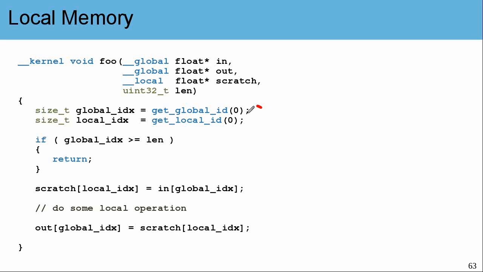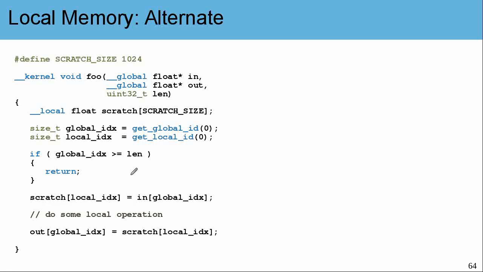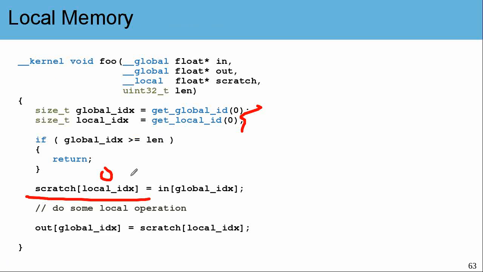Now here I'm using two indices. I'm using local information. So what is this doing? Let's look at this for a second. I'm getting a global index, and again, if I've overflown, I don't do anything. What I'm doing here is loading something into scratch space. I take my global index, I'm loading something into scratch space, and the scratch space index is going to go from 0 to k, for instance, where k is the workgroup size.